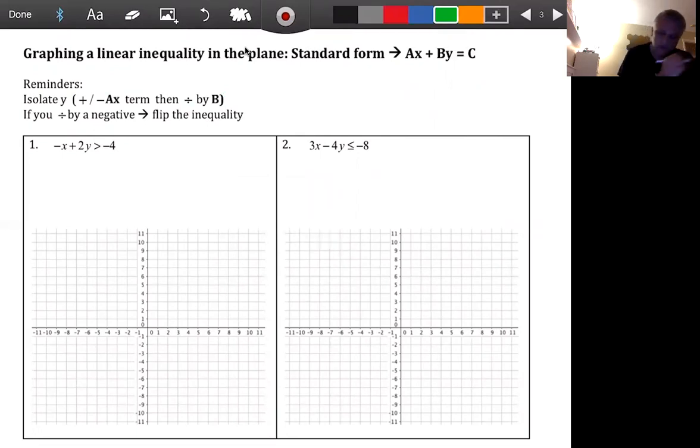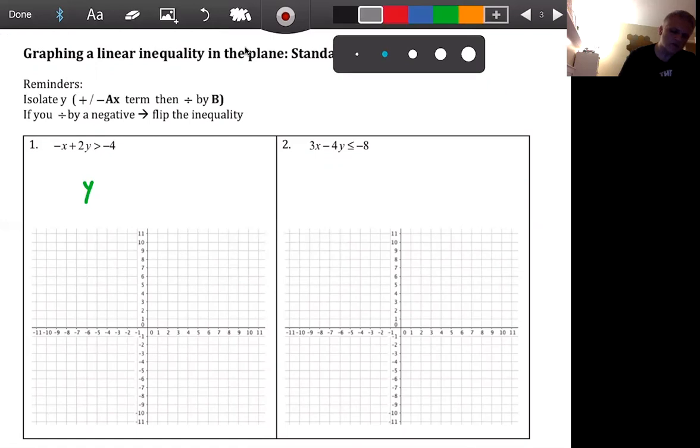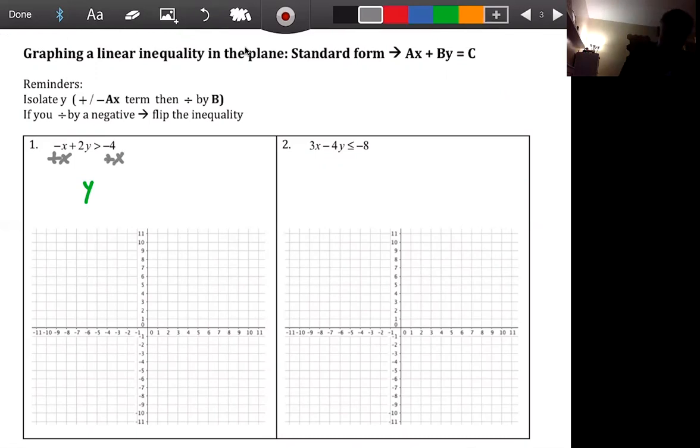All right, so let's do that. We want y all by itself. So what are we going to do? Well, first thing we're going to do is cancel out the negative x. So I'm going to add a positive x. That cancels on this side, leaving me with positive 2y.